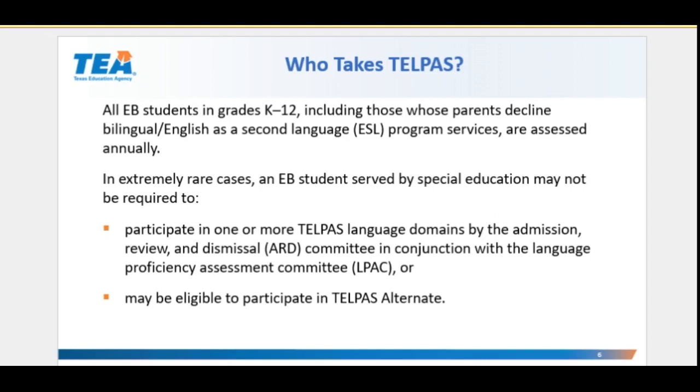In extremely rare cases, EB students with disabilities who receive special education services may not be required to participate in all or some components of TELPAS on a domain by domain basis as a result of a severe disabling condition, or may be eligible to participate in TELPAS alternate.